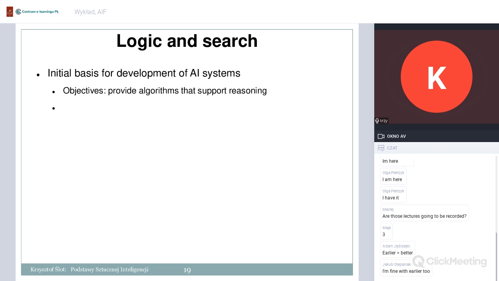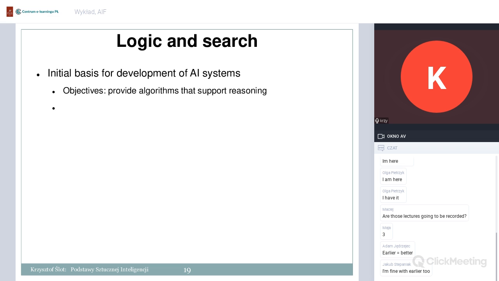And just to conclude these three different definitions and these three different directions in research, I'm back to this logic. And this logic was the basis of early development in artificial intelligence. And it is still present in particular tasks.